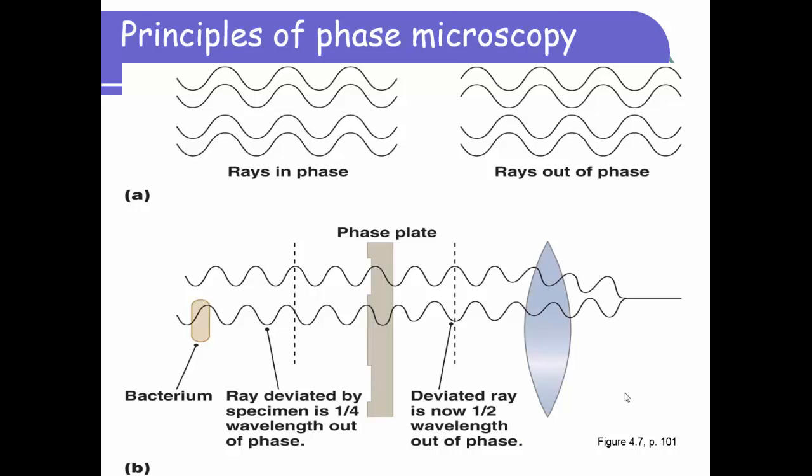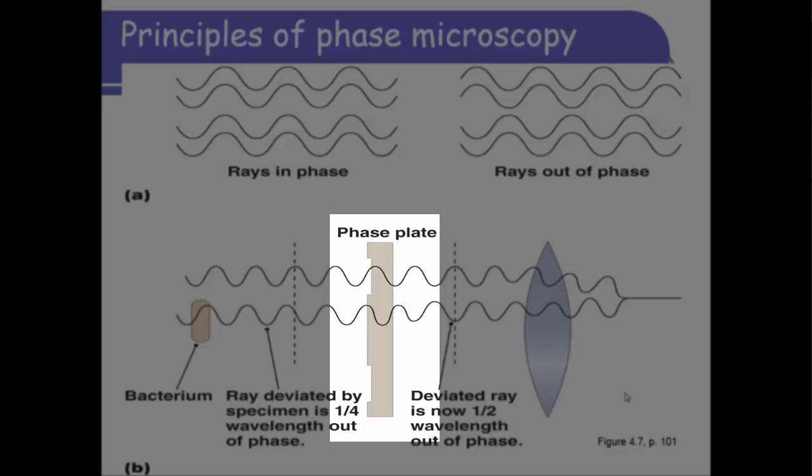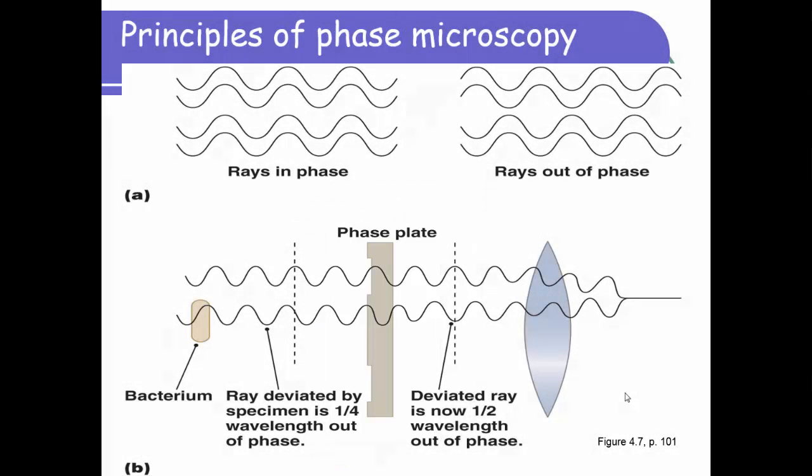Rays in phase mean that the different light waves are hitting at the peaks and troughs together. Rays out of phase means that while one trough is occurring, a crest on another wavelength is occurring. We use these phase plates in these phase microscopes to actually enhance the surface structures of the organism.